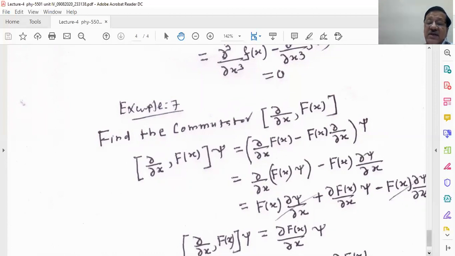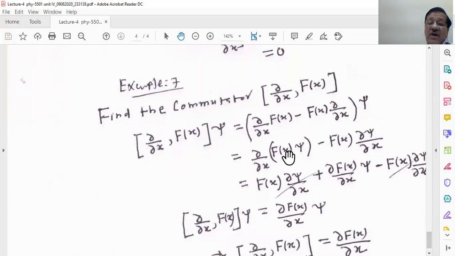Now here you see again this is the product law. There is a product of two functions. So I keep f of x constant and I differentiate psi, then I keep psi constant and I differentiate f of x. And this is the step minus f of x del psi by del x, and these two terms are cancelling.